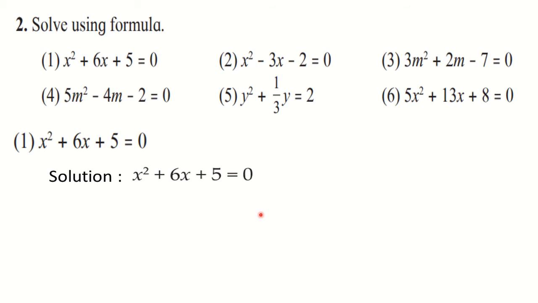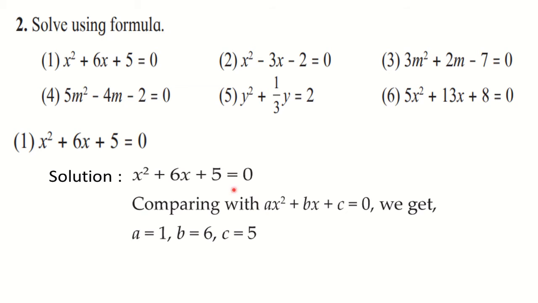Then the next step, whatever we have done in question number 1, we have to compare it with the standard form and write the values of A, B and C. So write down, comparing with the standard form, that is ax square plus bx plus c is equal to 0, we get A is equal to 1, B is equal to 6 and C is equal to 5. So values of A, B, C are written.